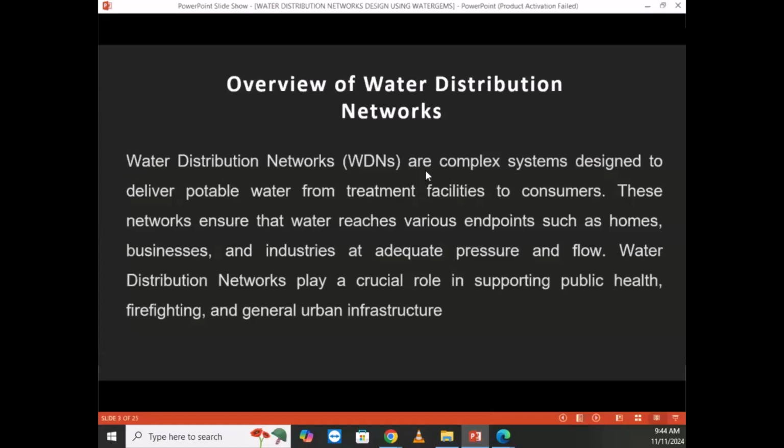You may find a location where there is high elevation. Try to imagine if it's here, you put your tank, then you pump your water to this one. So this line is what we call a transmission line.